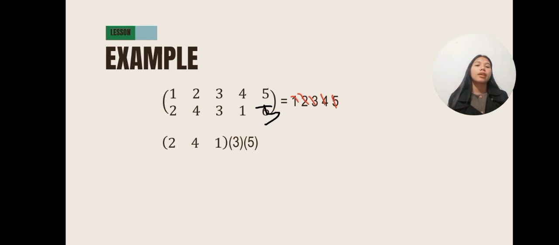And we have there the third cycle, the single cycle 5. So our cycle decomposition in this given equation is 2, 4, 1 times the single cycle 3 times the single cycle 5.